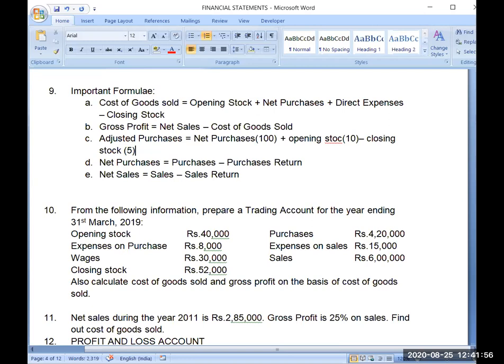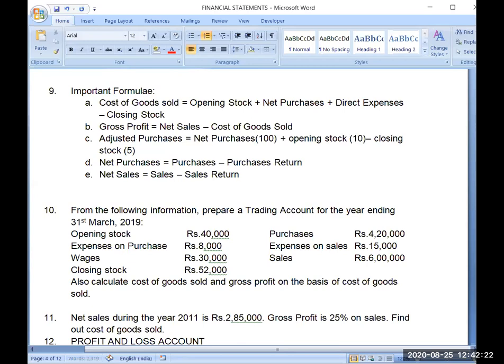Because see, while calculating cost of goods sold, you were adding the opening stock and subtracting the closing stock. Means again you were adjusting the purchases. You have not sold all the goods which you have purchased. You have sold some part of opening stock also, or some part of purchases also.